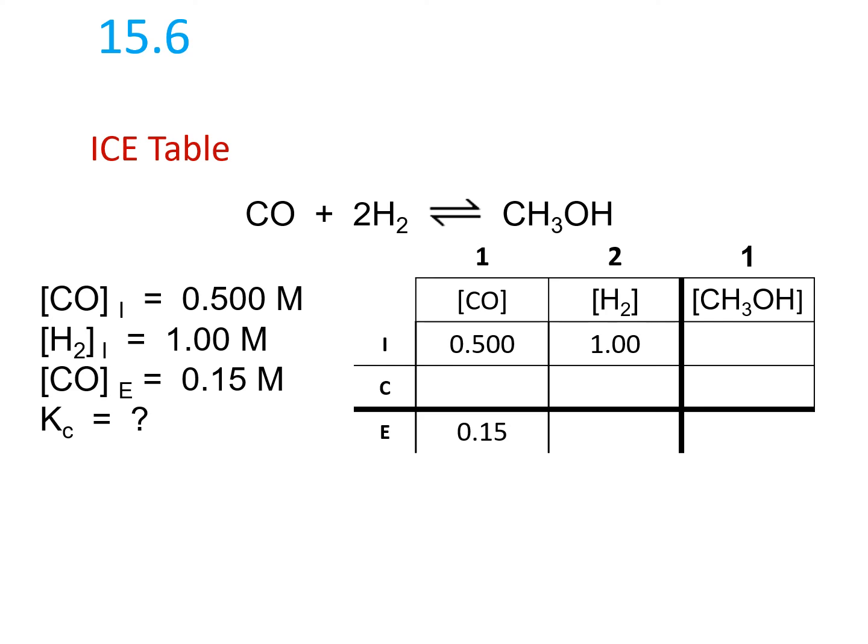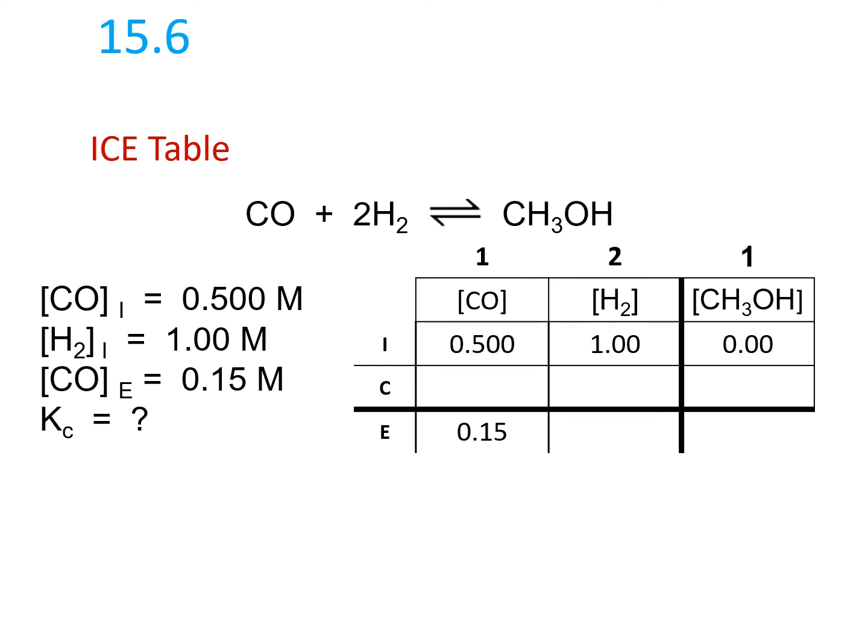How much methanol do you think we have? Well, we have none, because at the beginning of our reaction, we haven't formed any products yet. So we're able to plug in all of our initial values because of what we were given and the assumption that we start off with no methanol.